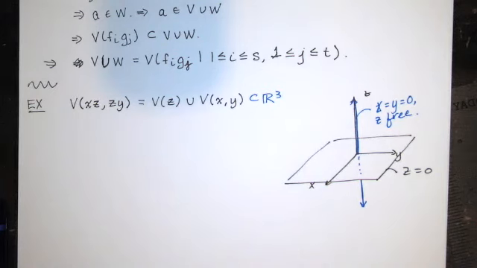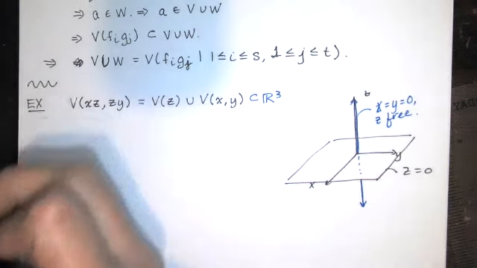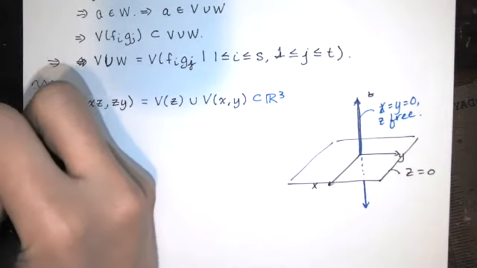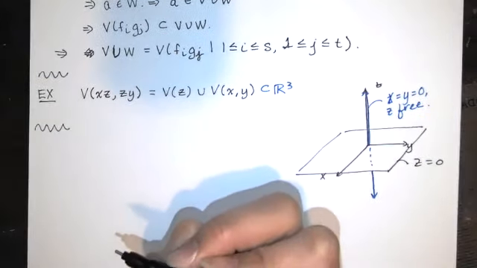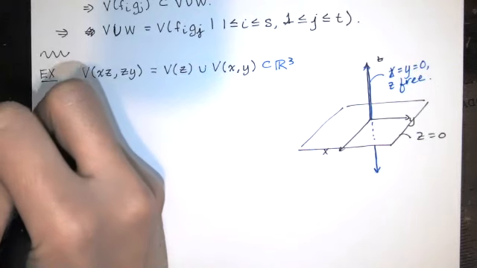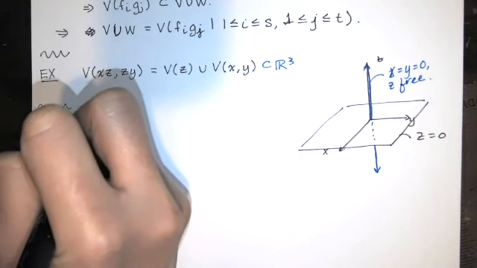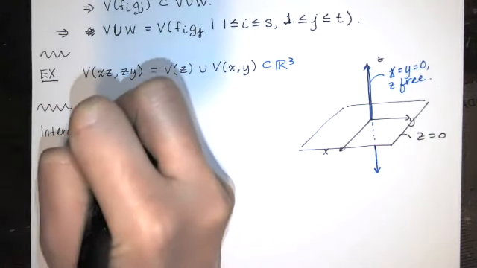Okay, so that is it for the finite unions and intersections of varieties. I just want to point out some other interesting questions that we'll answer as we continue to study algebraic geometry.